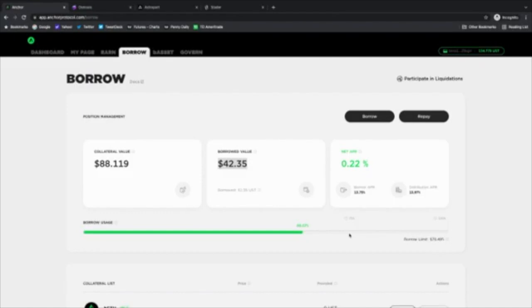I would say that's the basic 101 entry of Anchor. So say I borrowed 60%, it's creeping along that 40 or 50%, and I start getting scared. I'm liquid at any point, so I can just reinsert UST.